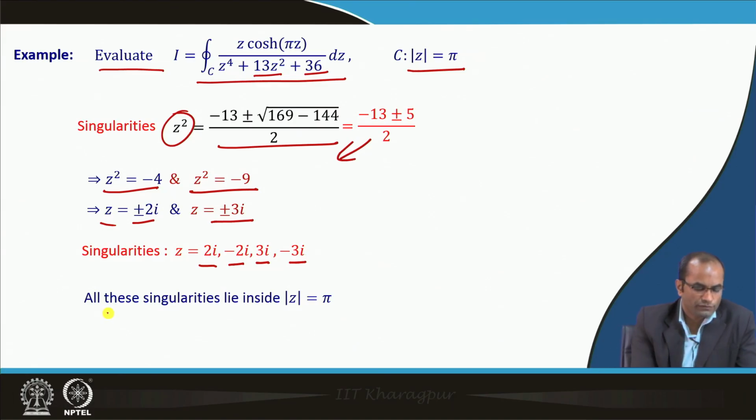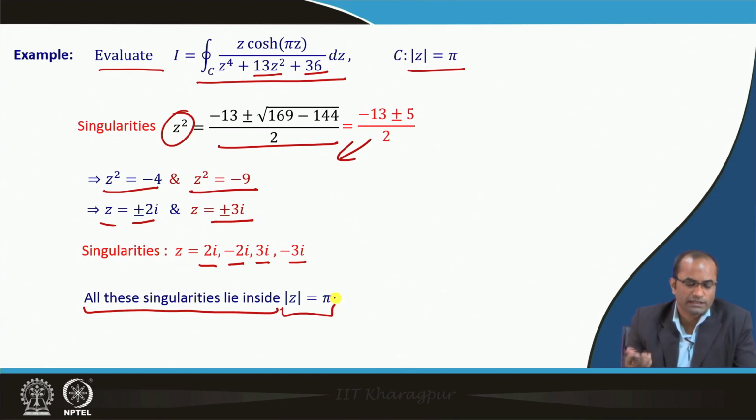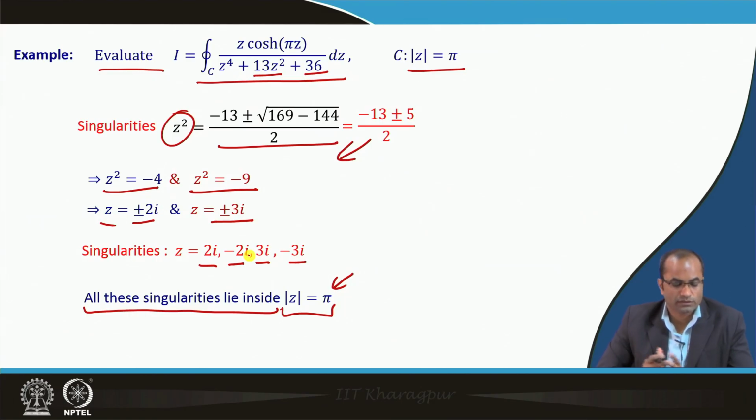Clearly, we will also see here that all these singularities are coming inside this mod z equal to pi, because pi is more than 3 and we are going here up to 2 or 3. So all these singularities are lying inside this circle of radius pi.